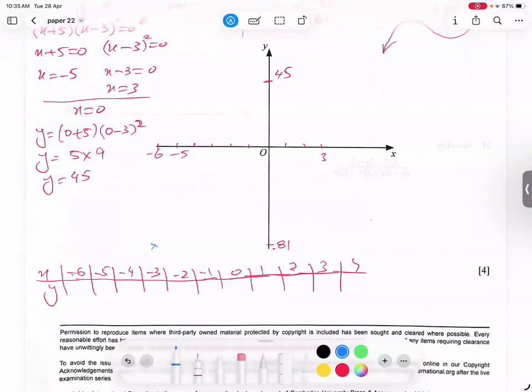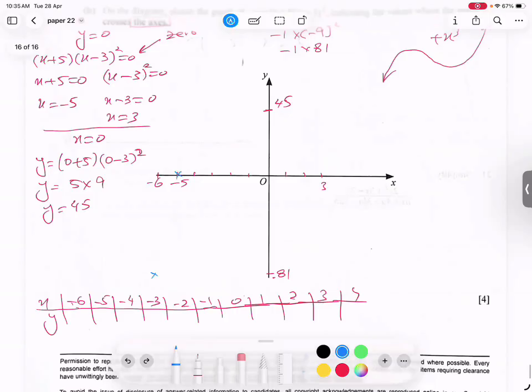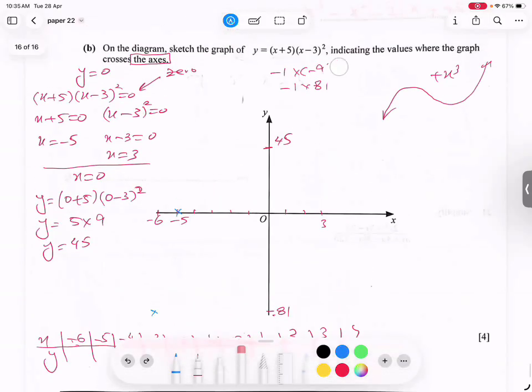Now against -5, I'll get 0. Why? Because we know it very well. We are getting 0. Anyway, so it means this is clear. And against -4, now I'm erasing, you can use pencil for this purpose. -4, I'm plugging here, and -4 here.